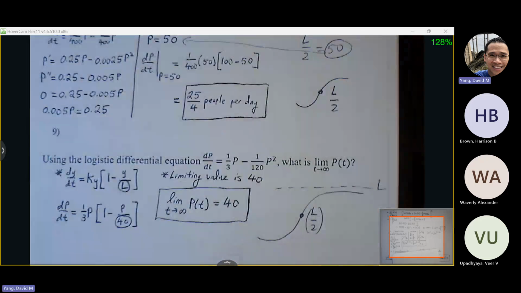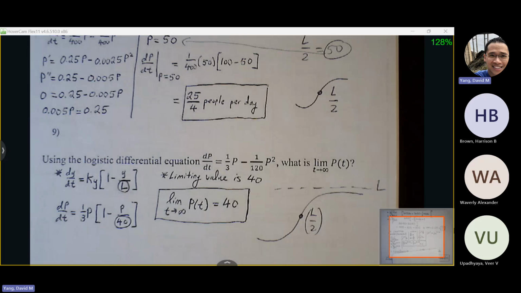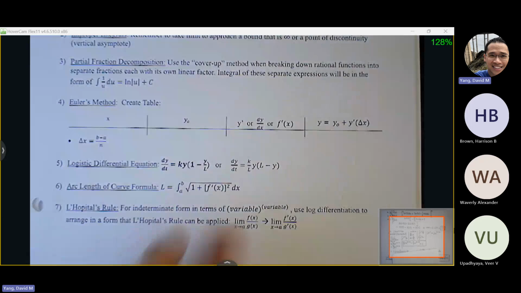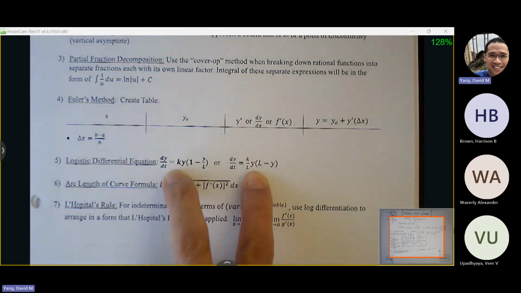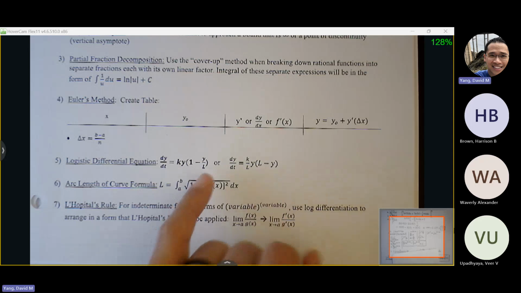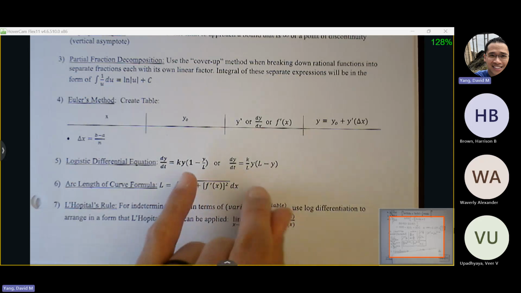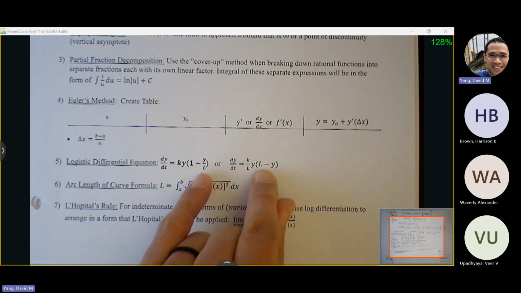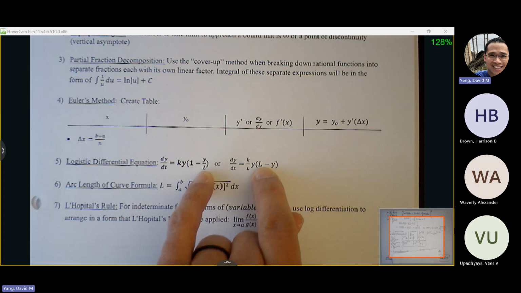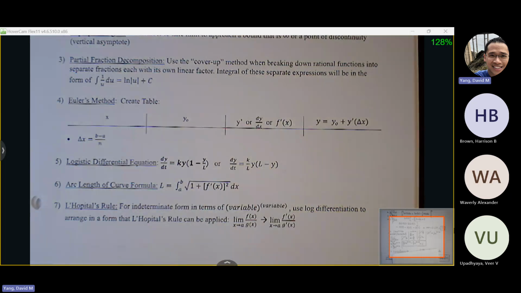And then there are 2 versions of the logistic differential equation, and I have that on page 5. Either form is good as long as you can somehow figure out what the L value is. So you're always trying to target the L value. Would a question ever ask you to solve for the K value?